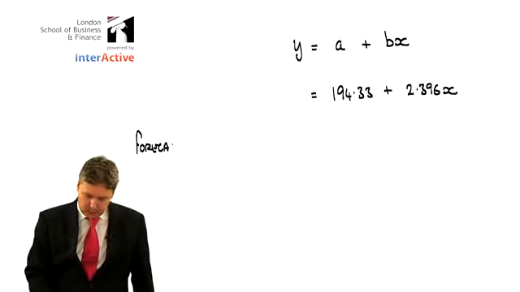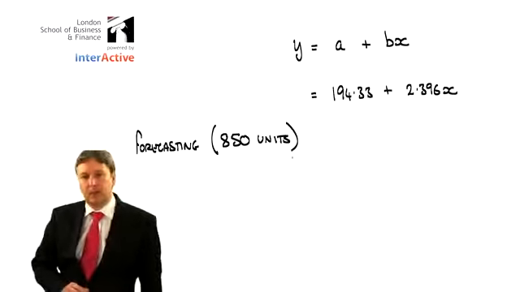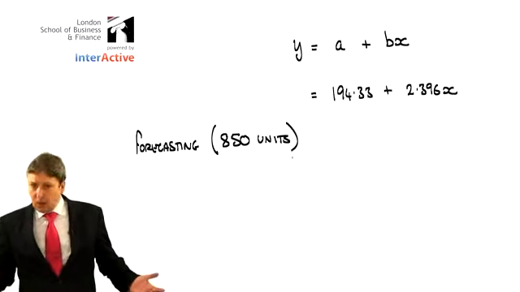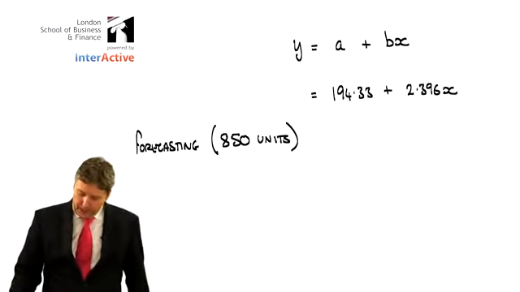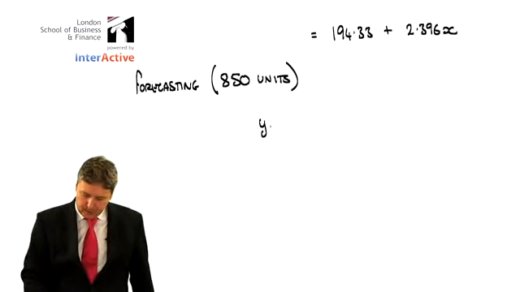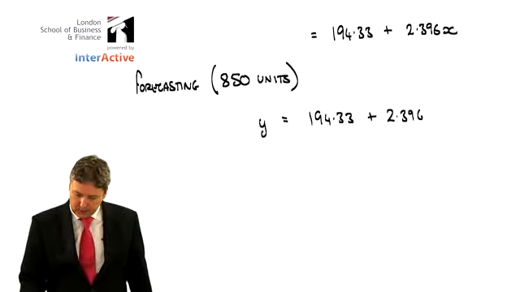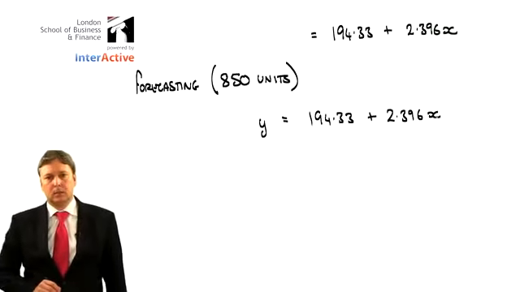Remember, based on the one that we saw before? Forecasting. We want to look at forecasting 850 units level of activity. It's not going to be difficult at all now that we've got our equation. Couldn't we simply say y equals 194.33 plus 2.396x?